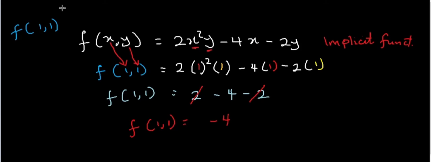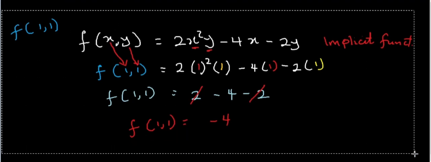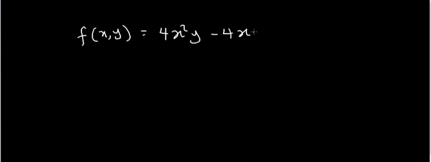Now let's do one more example. Suppose you're asked to find, given a function f of x comma y, just the same question that we just finished doing. I have 4x squared y minus 4x minus 2y. Now what type of function is this?